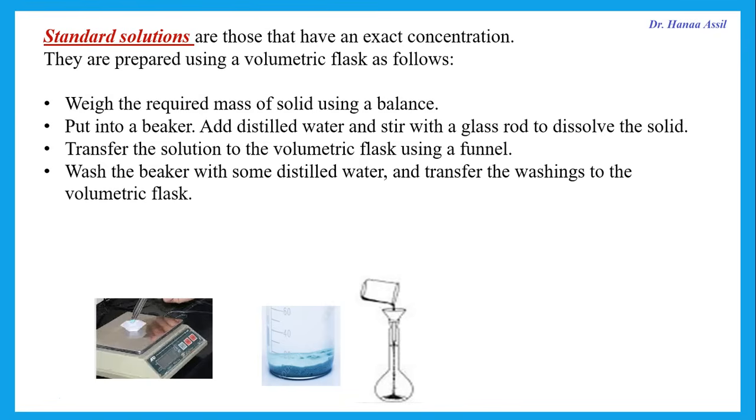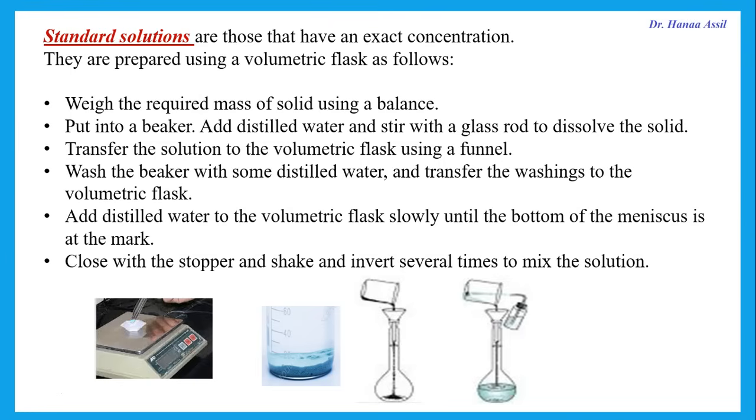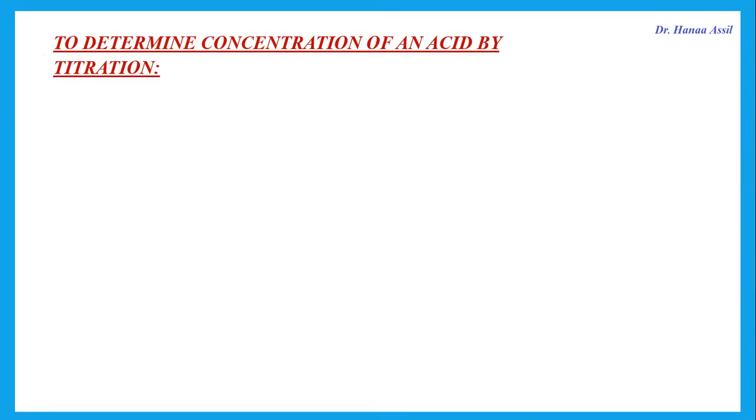We wash the beaker with some distilled water, transfer the washings to the volumetric flask, and then we add water to the volumetric flask slowly until the bottom of the meniscus is at the mark in the neck of the volumetric flask. We close the stopper, shake and invert several times so that we're sure that all the solution is the same concentration.